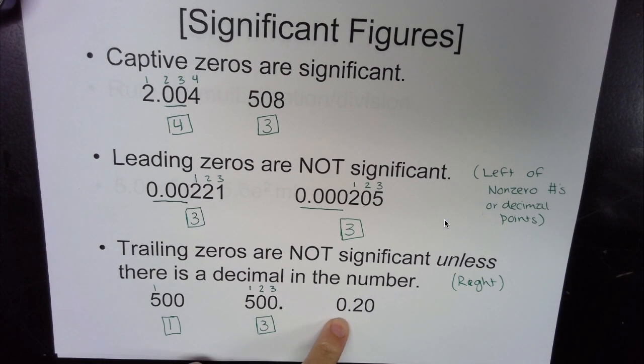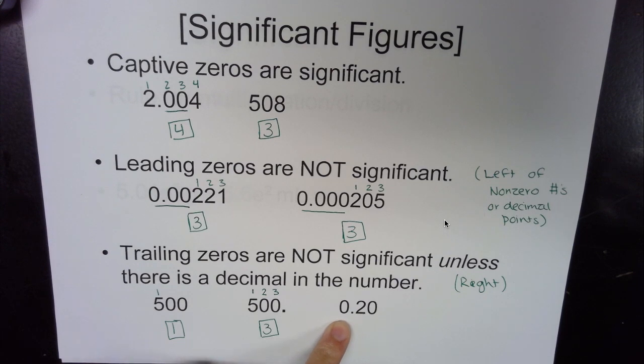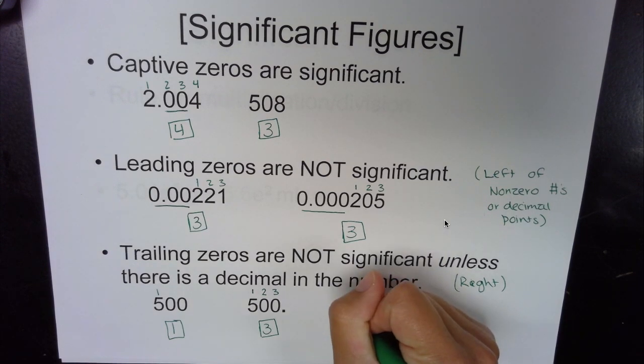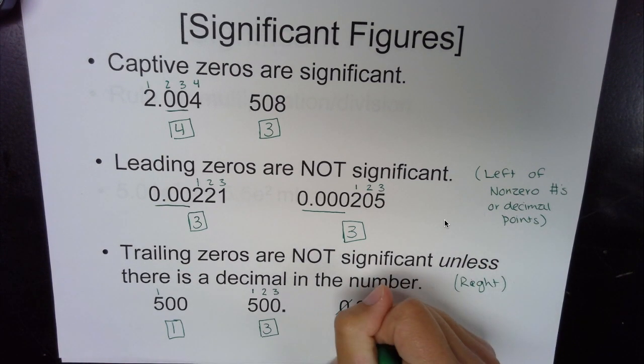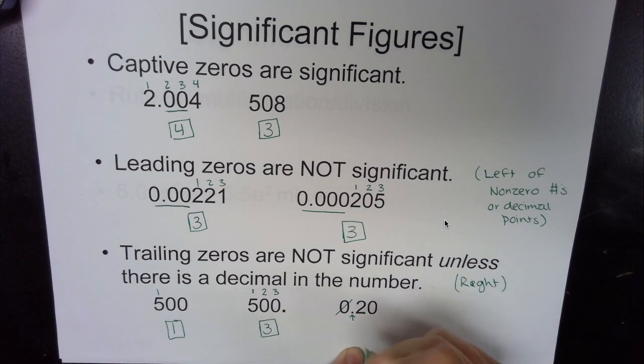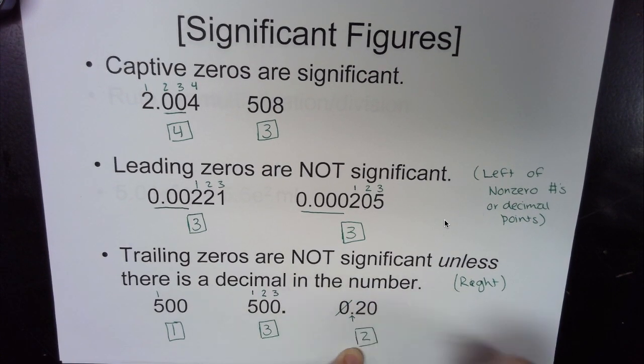Now try this one. Remember that leading zeros are never significant. Trailing zeros are significant when there's that decimal point. So this gives us 2 sig figs.